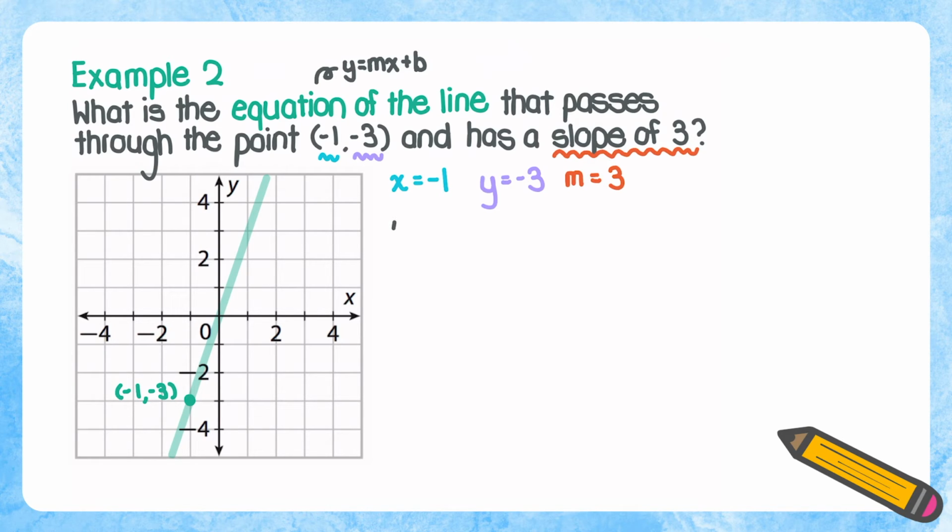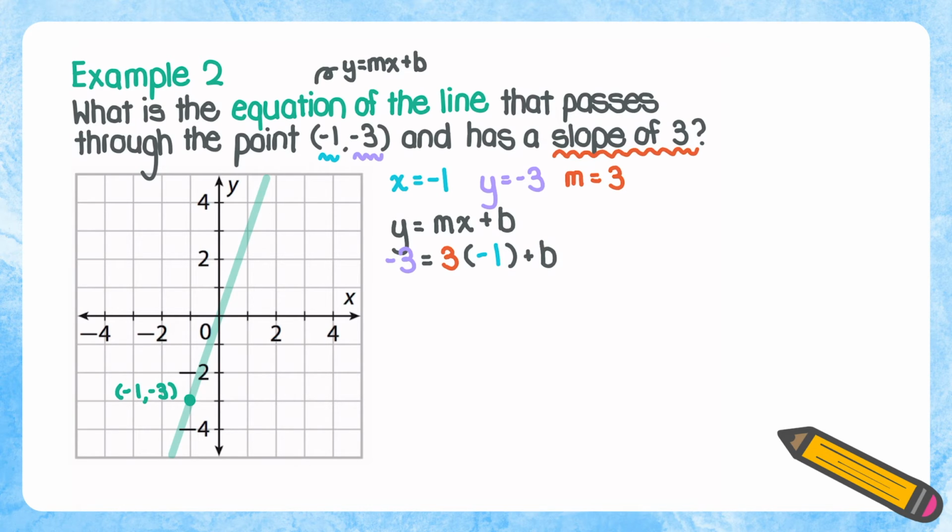I'm going to plug these values into the equation y = mx + b. We're going to replace values. So -3, that's the y value, equals, our slope 3 times our x value, -1, and then plus b.